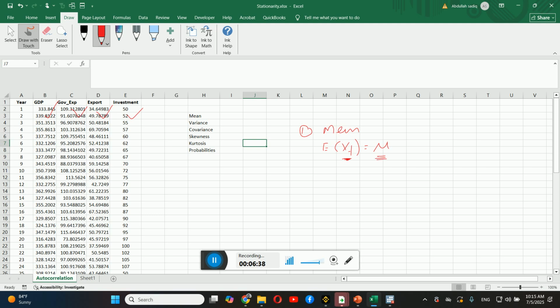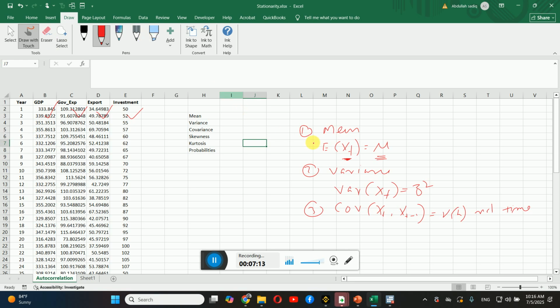This is the first requirement. Number two, the variance of the xt. This value should be constant. The third condition is the covariance. The covariance of xt and xt minus 1 should depend on the lag value and not on the time. This is really important.